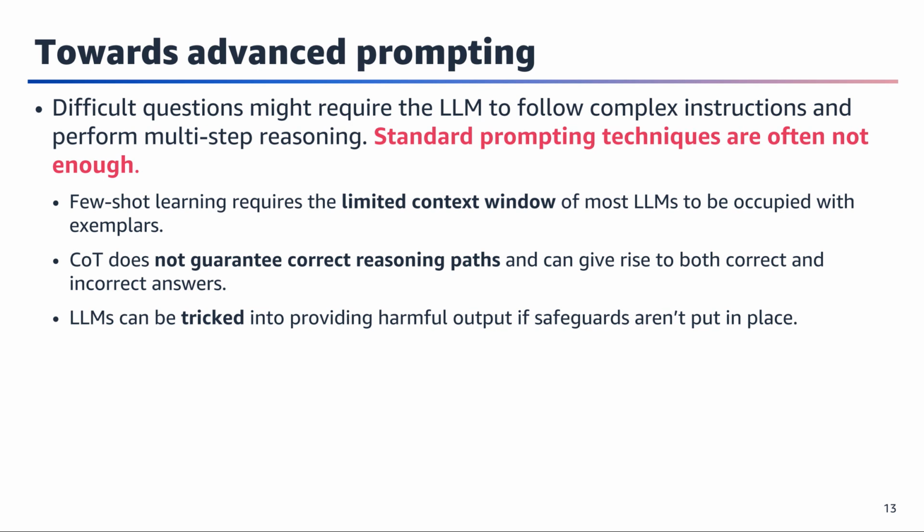The chain of thought prompting technique aims to make the model's reasoning process more transparent by breaking down the task into intermediate steps. However, this approach does not inherently ensure that the model follows a correct reasoning path, as it can still make logical errors or rely on flawed assumptions, leading to incorrect outputs.